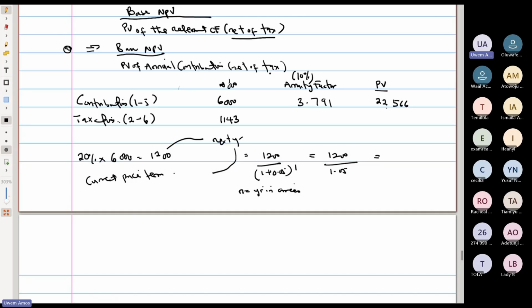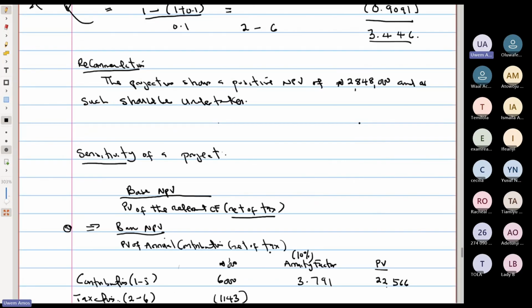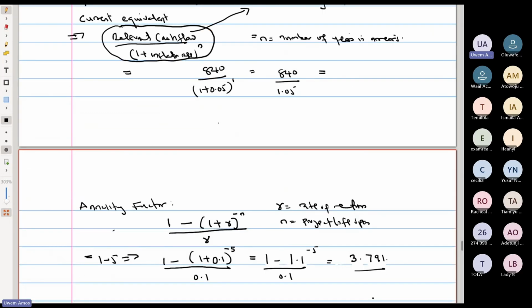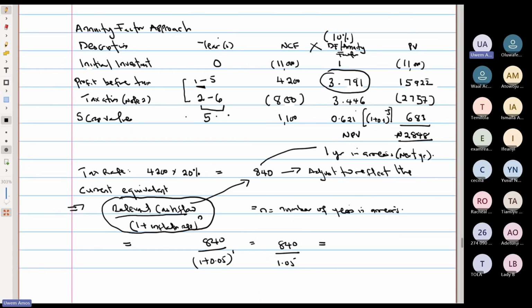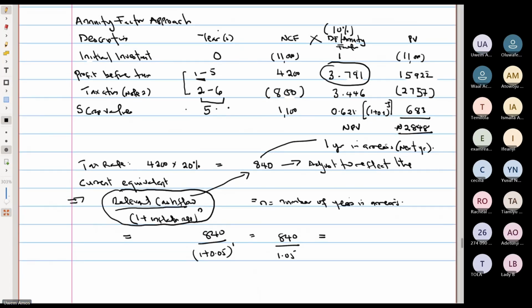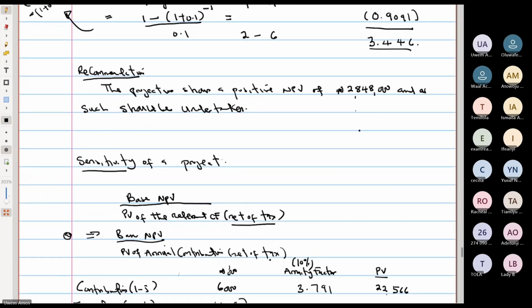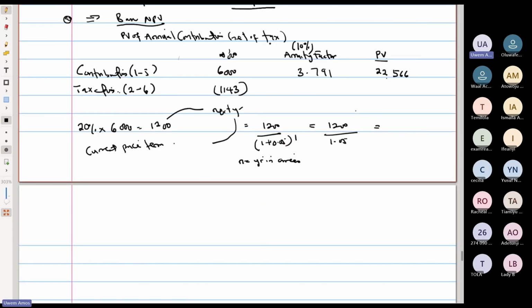Our annuity factor for year 2 to 6, we've calculated it before, so we don't need to calculate it. Let's just copy it as it is. For year 2 to 6, our annuity factor is 3.446. So what do we have as our tax?